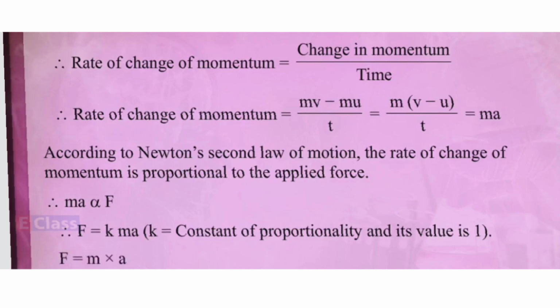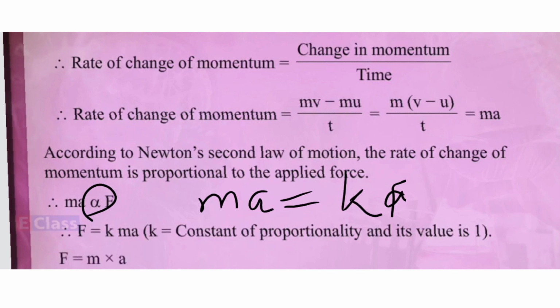Now children, whenever we are removing the proportionality sign, we have to introduce the constant of proportionality. So it will come as ma is equal to some constant, say k1, into F. Now keep F on this side.